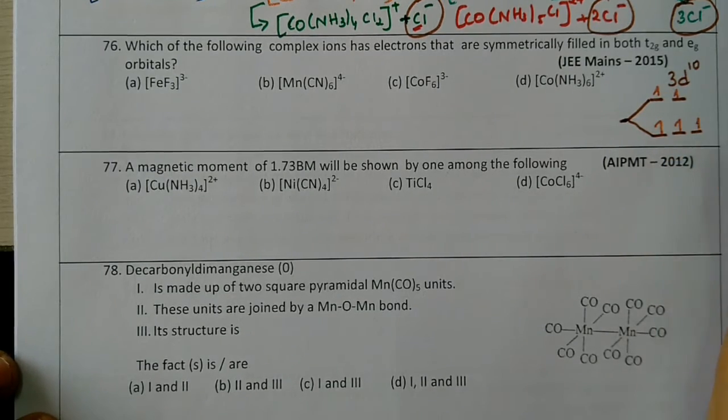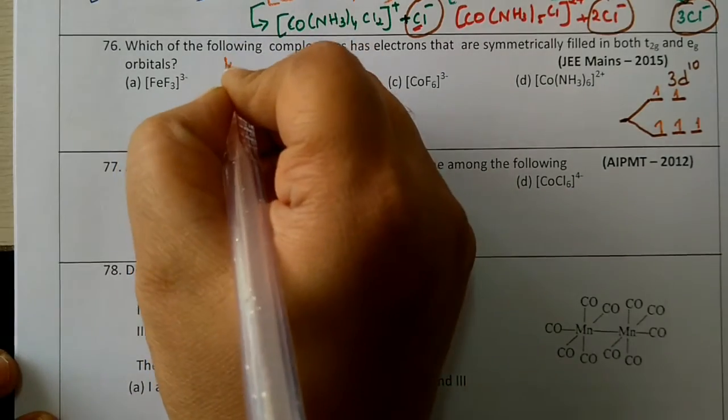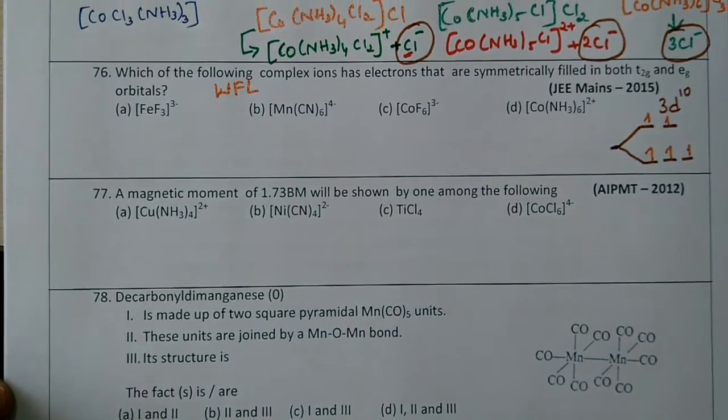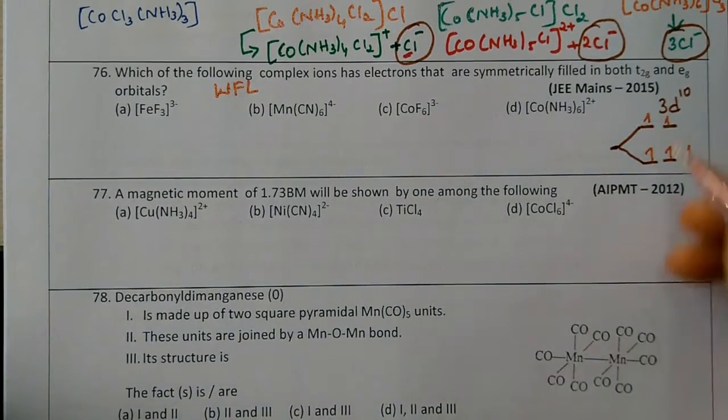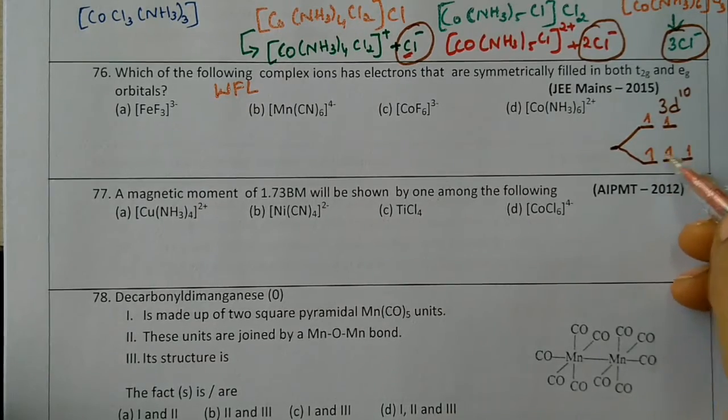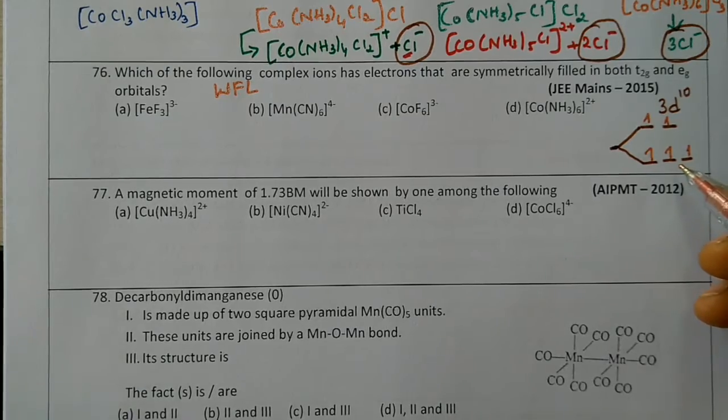So this happens only when there is a weak field ligand. If a strong field ligand is there, then what happens? The electrons will not go to the higher orbital, they will pair up in the lower orbitals only. So pairing up will take place, and at that time the distribution won't be symmetrical.